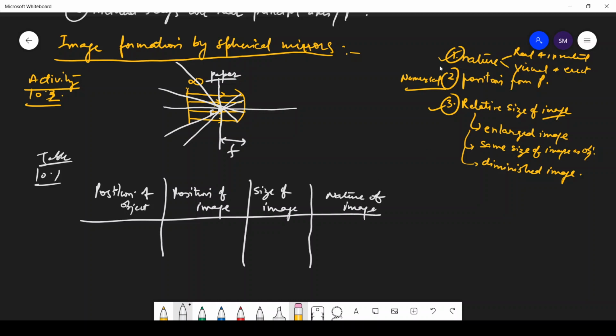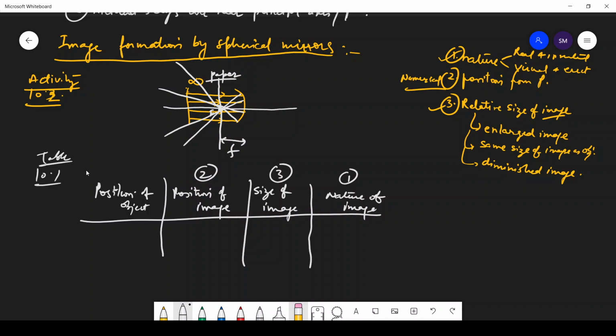So three things that I was discussing about: nature of the image, position of the image, and size of the image. These three depend on where you have placed your object.